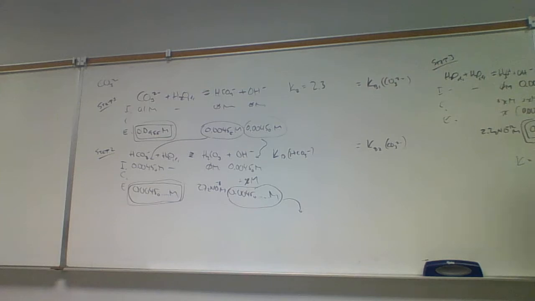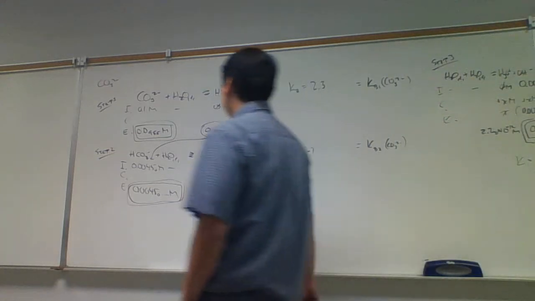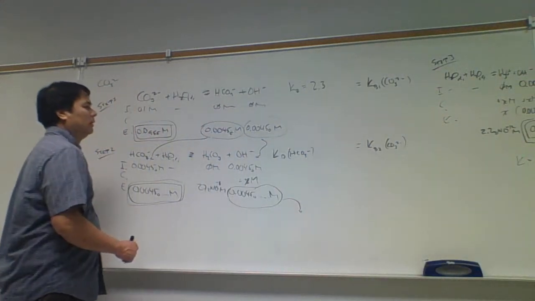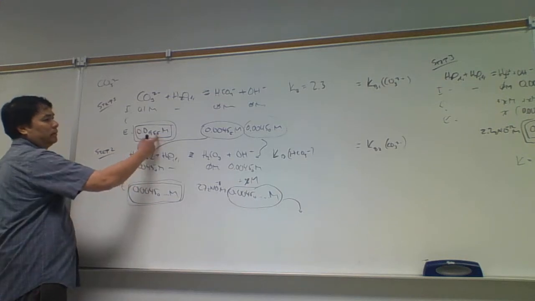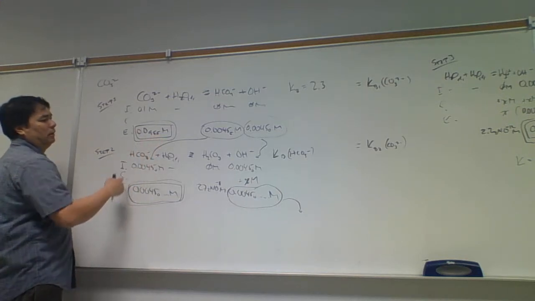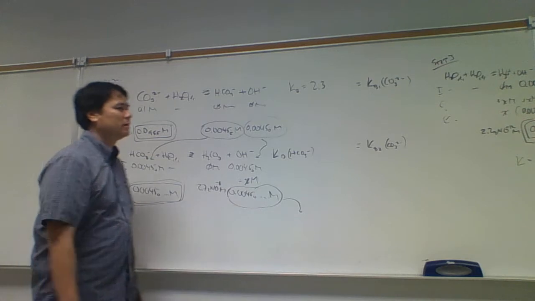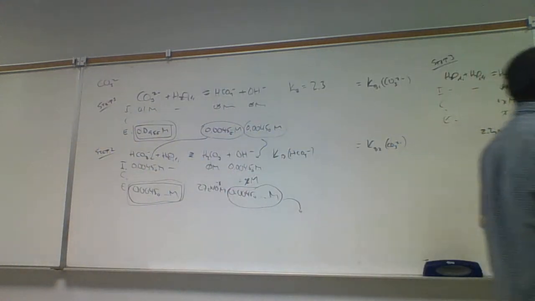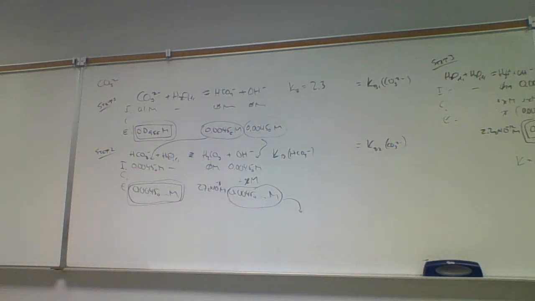All right. And so what we're going to do is see what the solution inventory is. The solution inventory is trying to figure out what species are present in the solution.